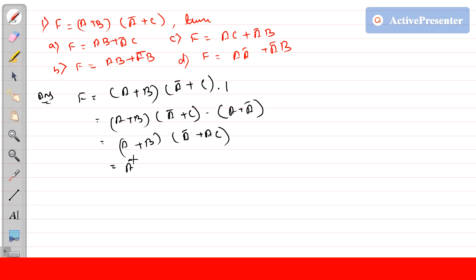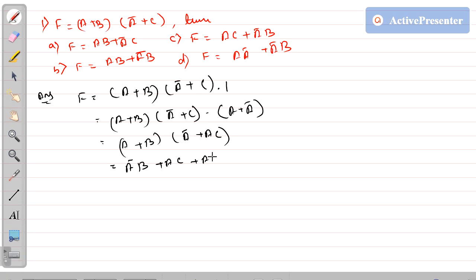Again I can write a'b + ac + abc. This is just multiplied. Again this will be a'b + ac(1 + b). So finally I can write f = a'b + ac.